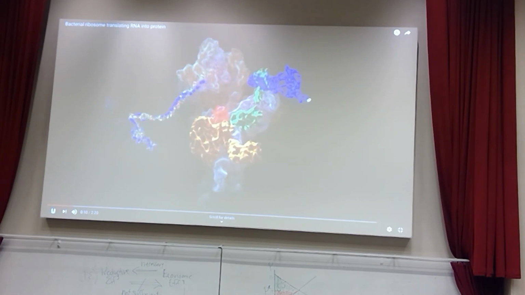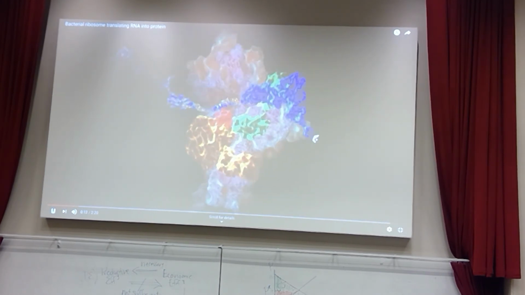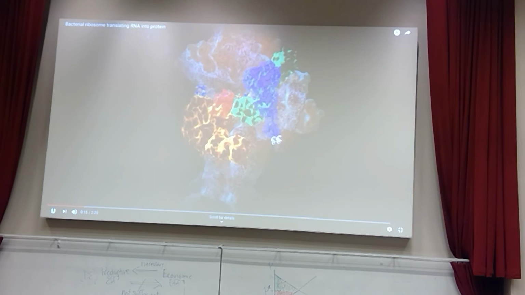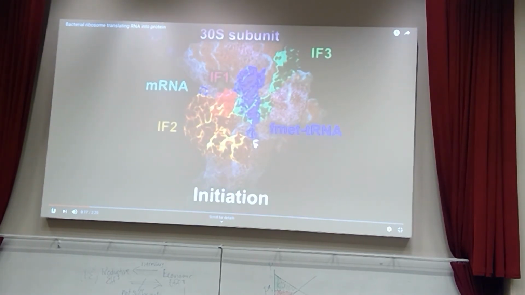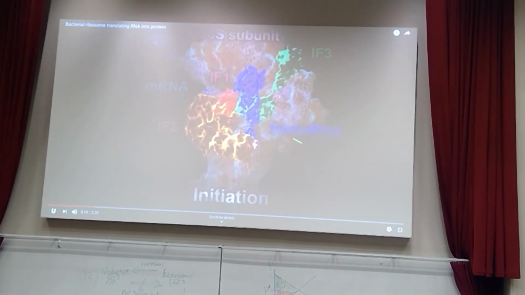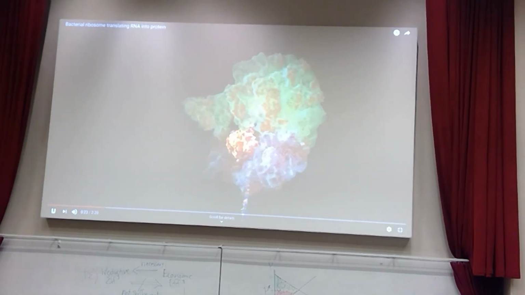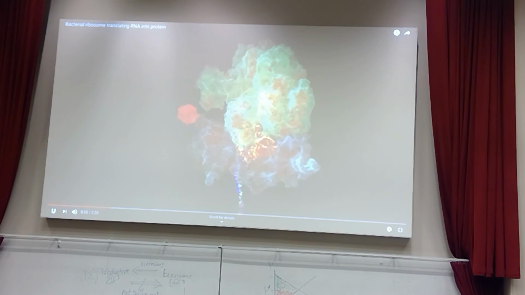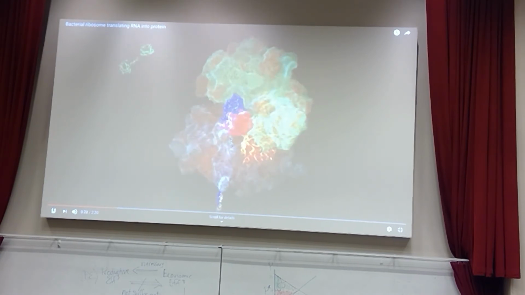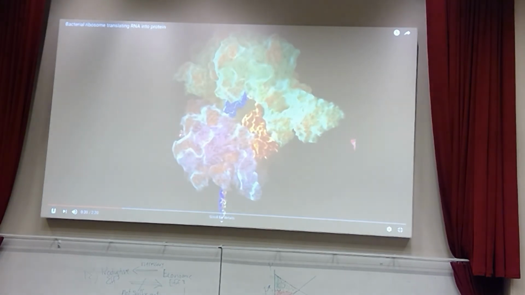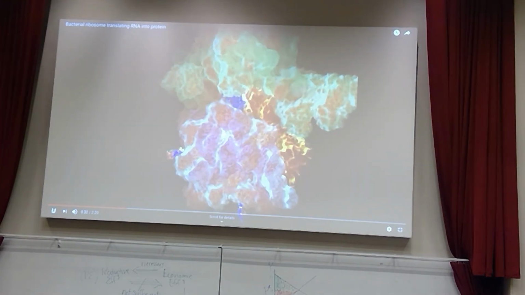Okay, so here's our mRNA. It's associated with a small subunit, 30S subunit. Here is our N-formyl methionine tRNA. Now that that's in place, the large subunit comes in, and the additional initiation factors are released.